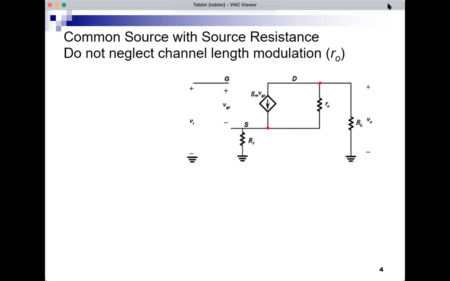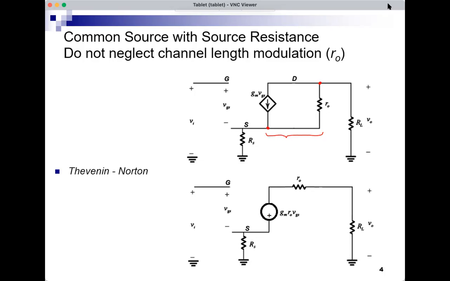So now instead of having a single loop, I have multiple loops, but I can do a simple transformation and go back to a single loop. So this is the transformation that I will do. I will replace this parallel combination of a current source and a resistor with a series combination of a voltage source and a resistor. And if I do that, I will get this. So now this voltage source in series with RO is replacing this current source in parallel with the same RO.